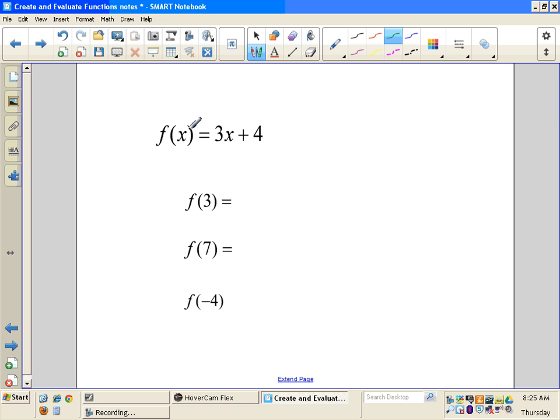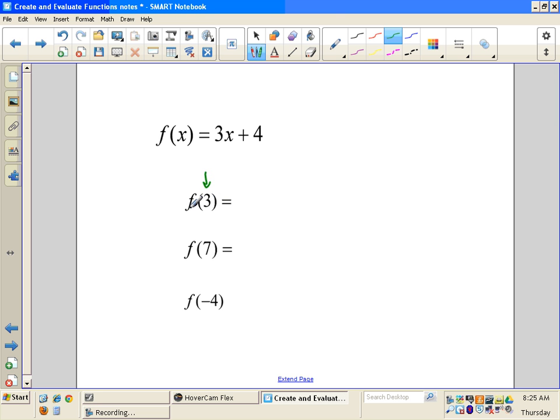So here's an actual function. It might look familiar. It might look like a linear function to you because it's sort of in the form mx plus b. But instead of a y equals, we're just using the terminology f of x. So this function f of x equals 3x plus 4. And this here indicates my input.